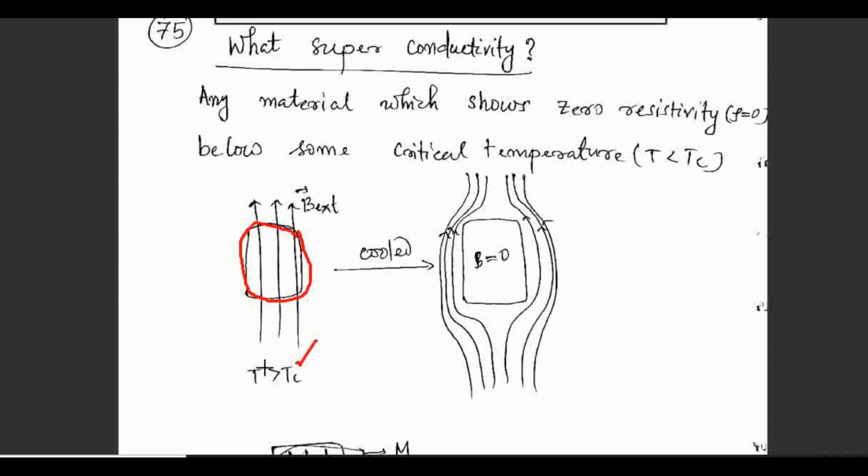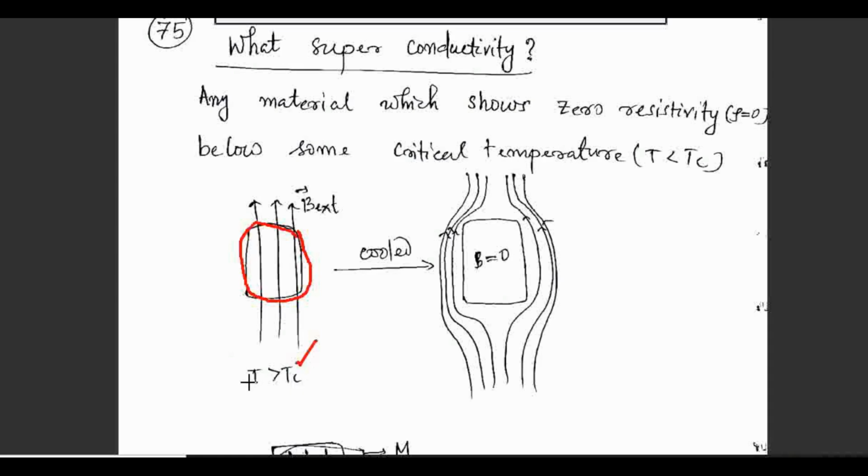That means to achieve this superconductivity nature, you have to decrease the temperature of that material to the corresponding Tc that belongs to that material. For example, I have taken this material whose critical temperature is Tc.